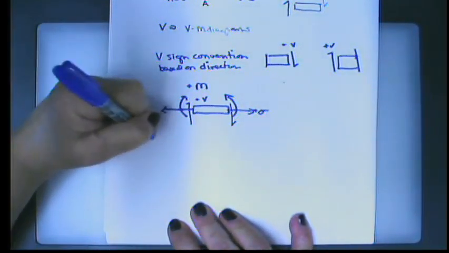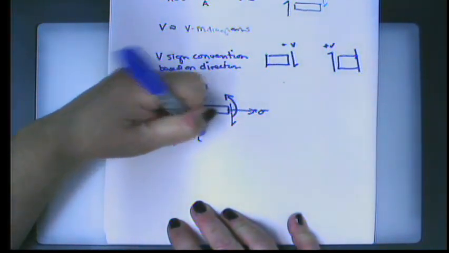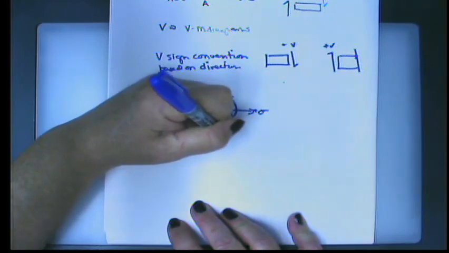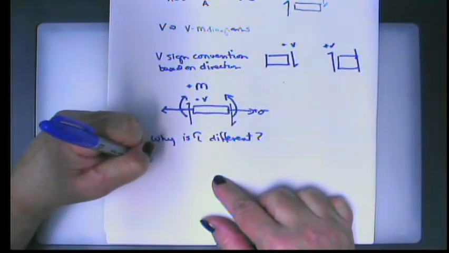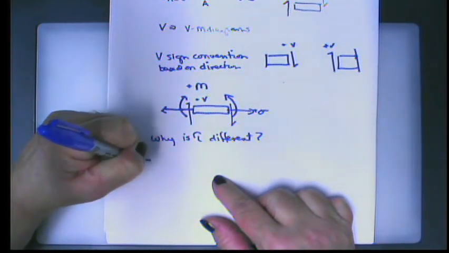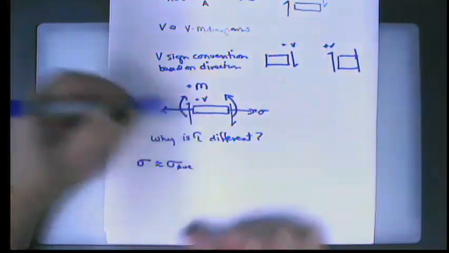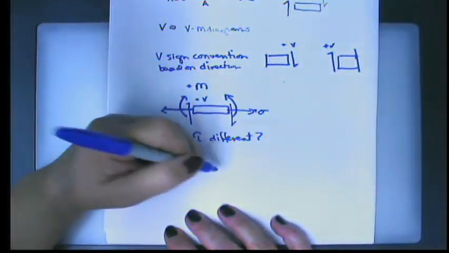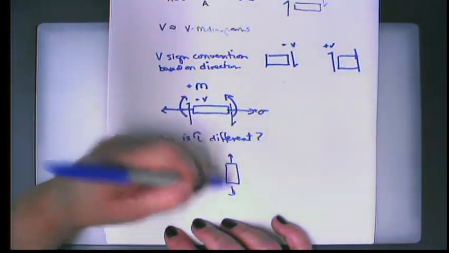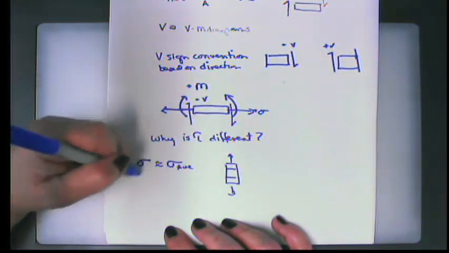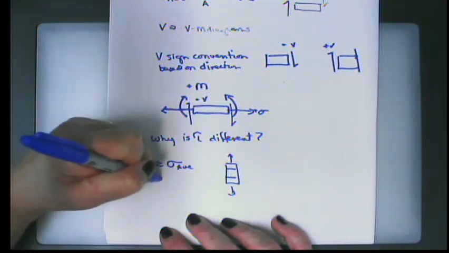But why is tau different? And I don't know if you recall this, but as a reminder, sigma is approximately equal to sigma average as long as we are 20% or so away from the point of application. And that is referred to as Saint-Venant's principle.